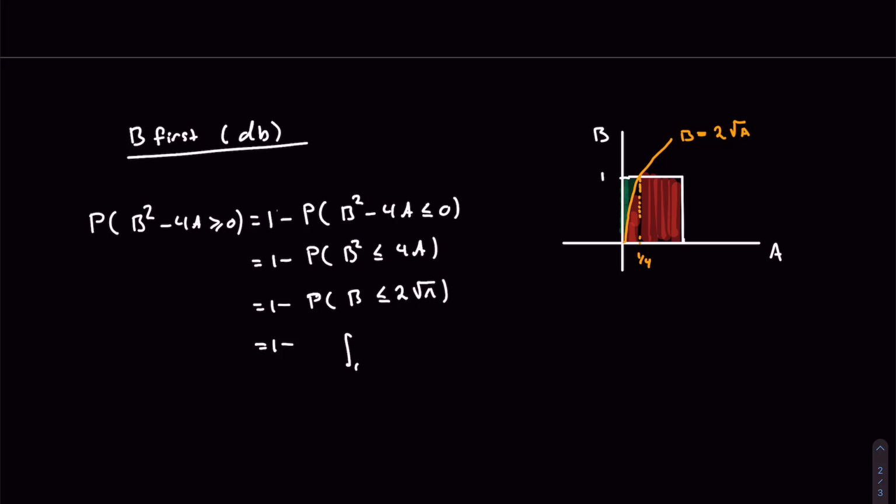It starts from 0 because we are starting from here, and again we have to be careful about the support, so we write the minimum of 1 and 2 square root of a here, like so.